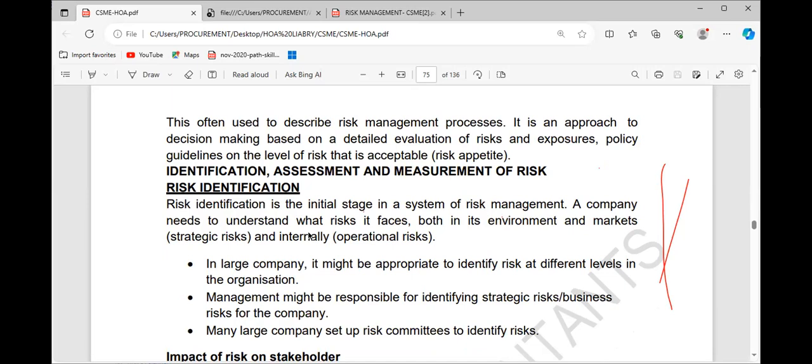There's no way a business or a contract or whatever will be risk-free. There's always a risk attached to every business. Risk identification is the initial stage in a system of risk management. A company needs to understand what risk it faces, both in its environment and markets and internally.